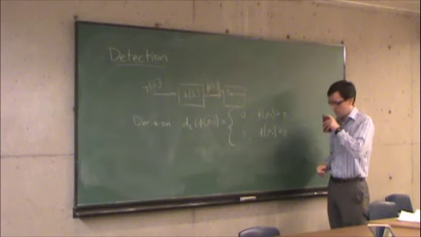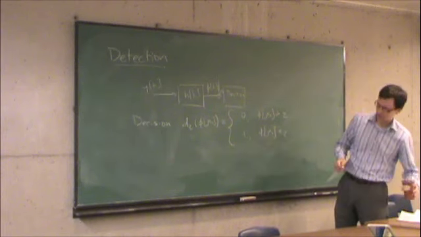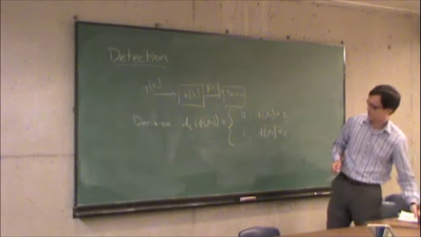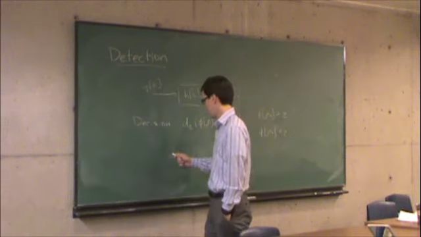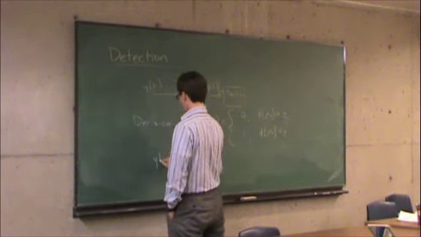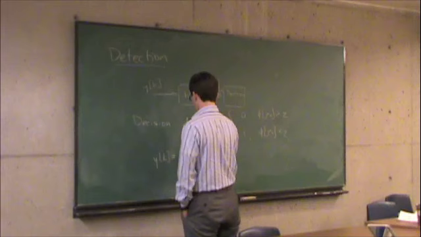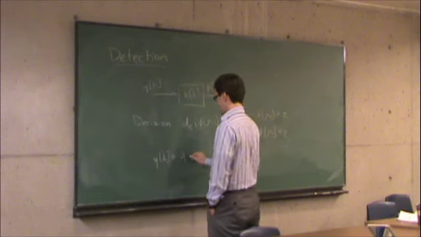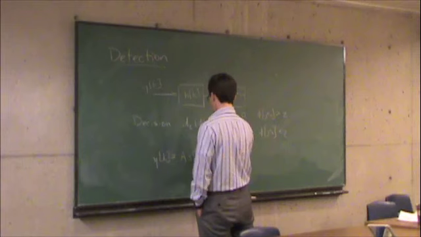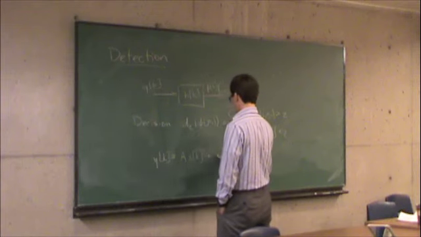Where we were last time, we were starting to talk about noise. We said y of k is equal to some scaling factor times the signal we sent, s of k, plus the noise, n of k.